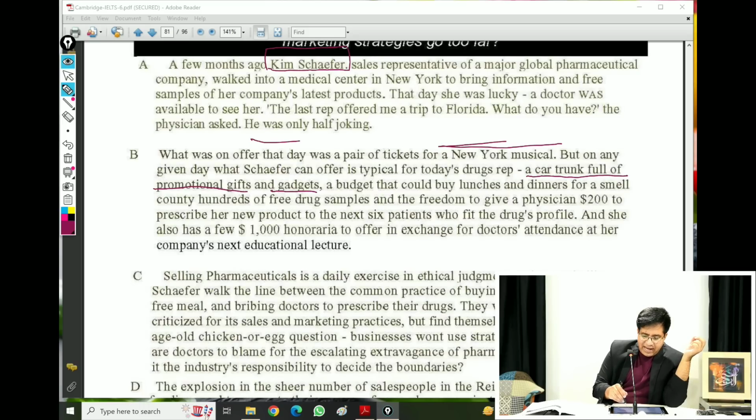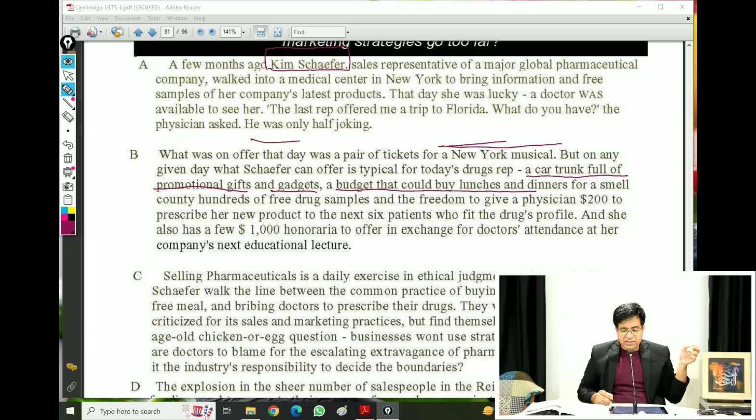A budget that could buy lunches. Now, is it limited? A budget that could buy lunches and dinners for a small country, hundreds of free drug samples and all that. So reading this, do you think the budget is limited? No. Now we go back to the question.